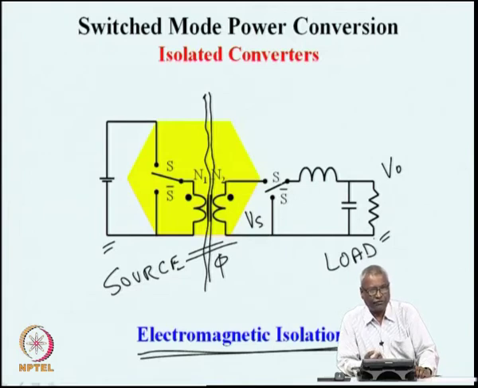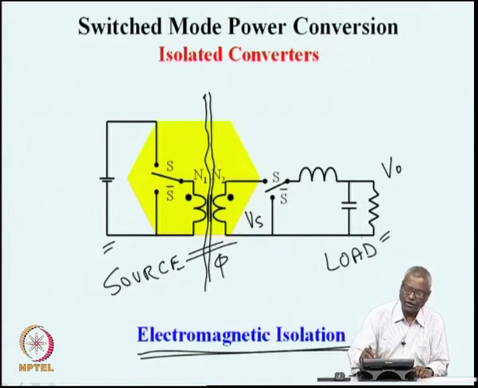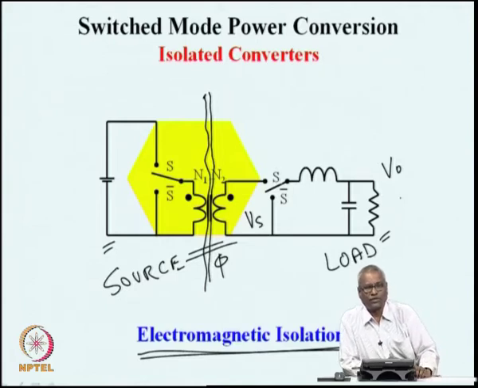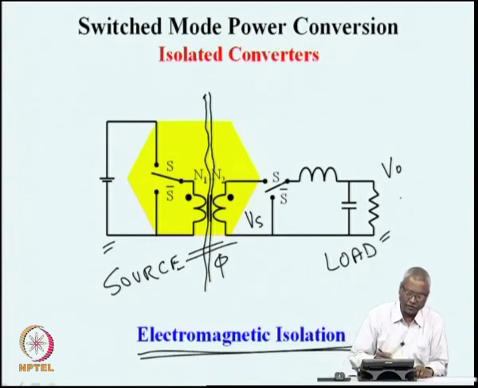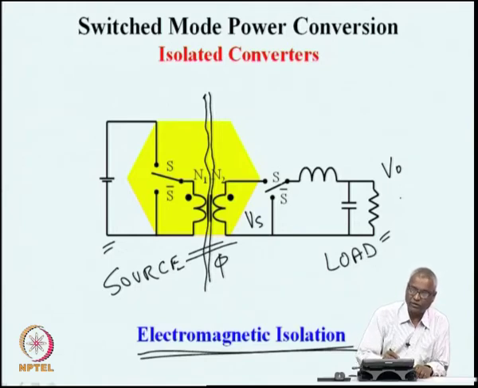Another reason is safety. In many applications, you would like the load side circuit to be totally isolated from the source side circuit for safety of equipment or people who are handling that. These are the reasons for requiring isolation, and in power converters, the most common isolation is the electromagnetic isolation, what we have written here.